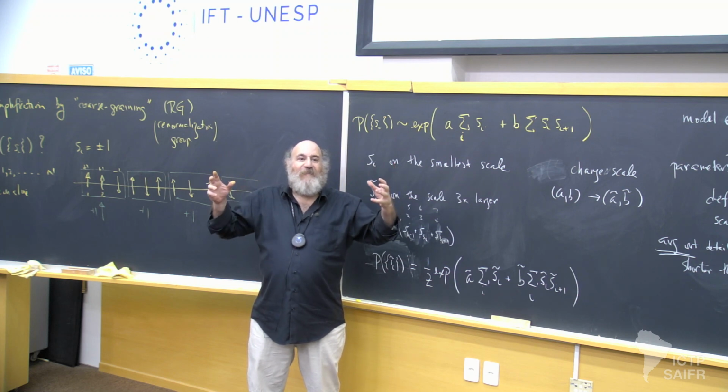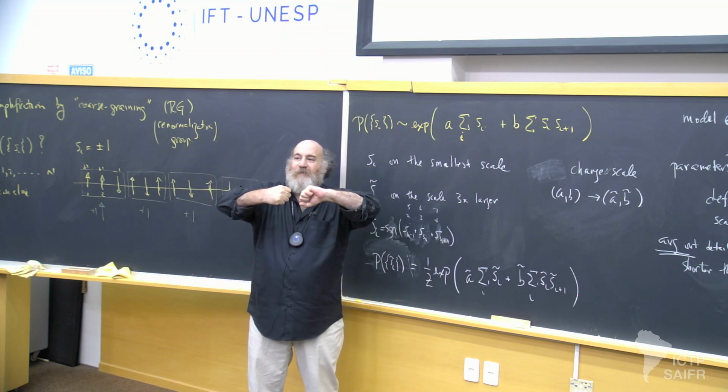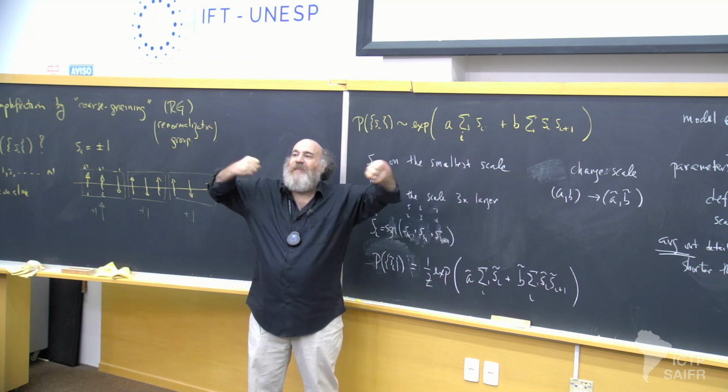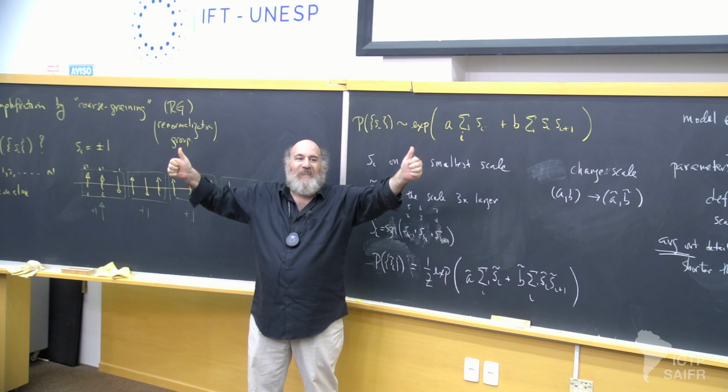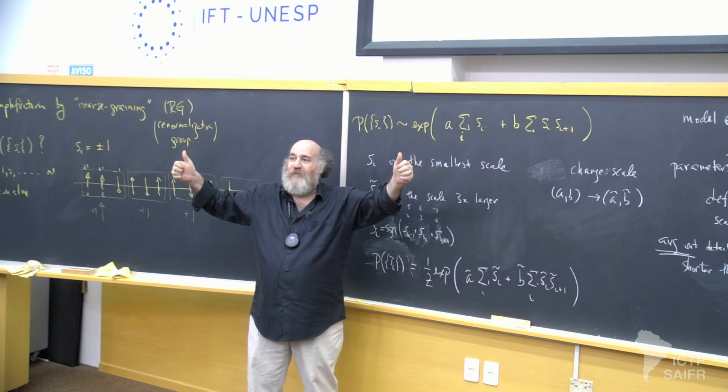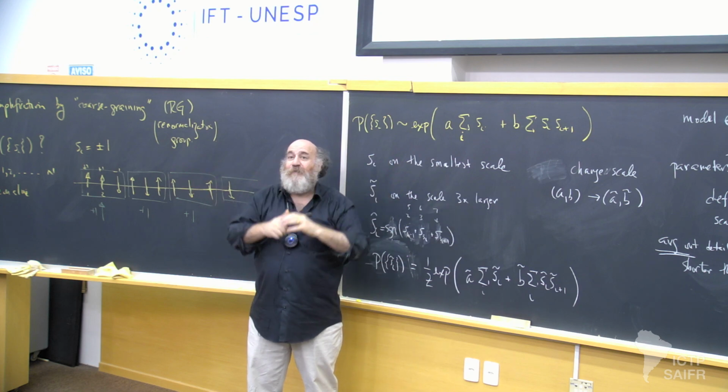On the other hand, if they become very strongly coupled so that they all have to have the same value, then the probability distribution is going to start to look like it has multiple peaks that are well separated from each other. And then it's possible that something happens in the middle.